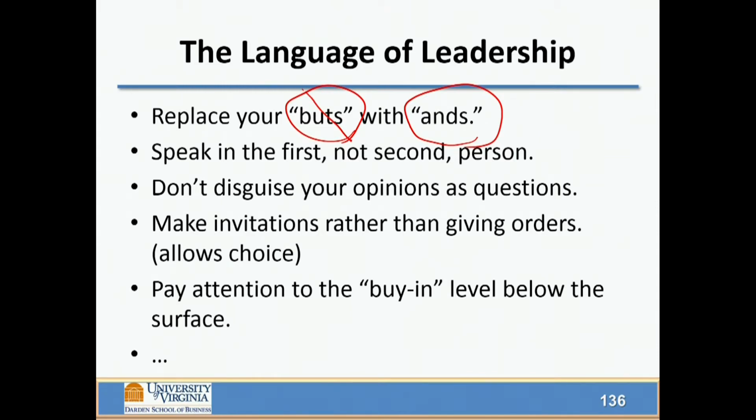You could make the same point: "I agree with everything you've said, John, and I still don't see how we're going to get there." So notice in the second part, I'm speaking in the first person, not the second person. In other words, instead of saying, "John, you have a problem," I'm acknowledging the truth that you see and acknowledging that I still don't understand how that's going to help us accomplish.